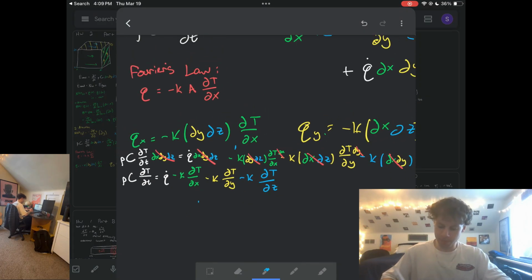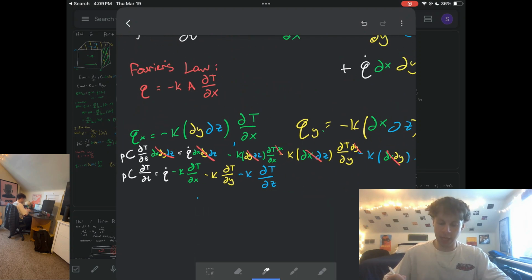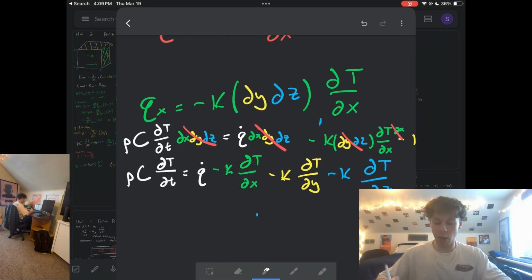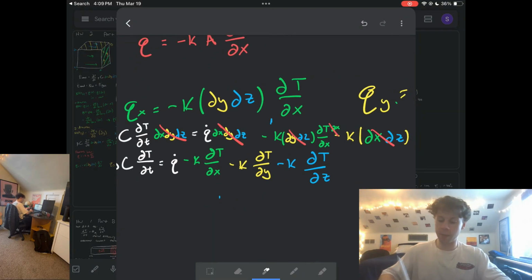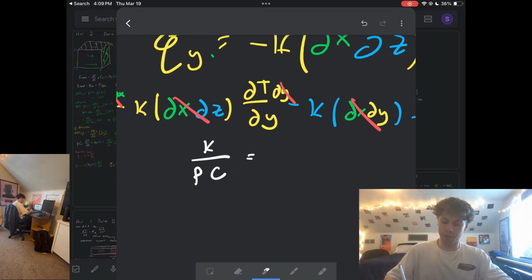So if we divide this equation by our rho c, we remember that our thermal conductivity divided by our density times our heat capacity is equal to thermal diffusivity.